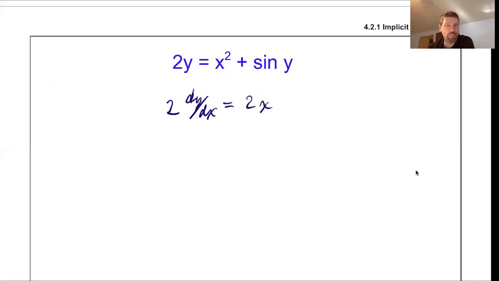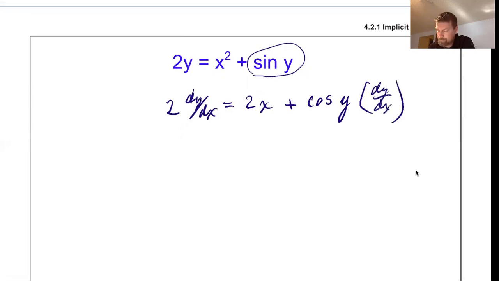If I wanted to put a dx there, I could, but I'm not going to because that seems silly. Plus, careful here, derivative of sine is cosine. So derivative of sine of y is cosine of y, not cosine of x. There's no x there, it's a y. So it's cosine of y, but then times dy/dx.